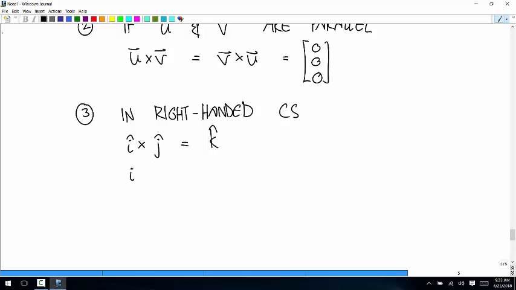Okay, and then the x-axis crossed with the z-axis is the negative y. Let me finish doing this and then I will. And the y-axis crossed with the z-axis is equal to the x-axis. Those three things define a right-handed coordinate system.